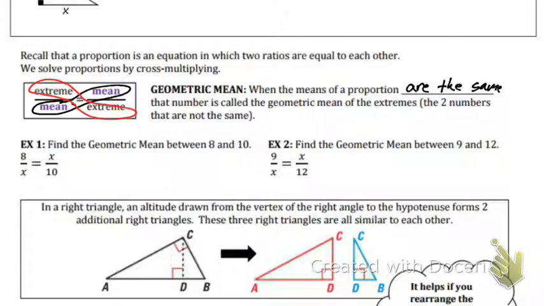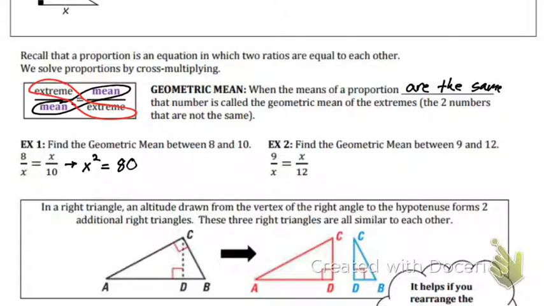So if I ever ask you to find the geometric mean between 8 and 10, which I am not going to, but if I had phrased it that way, you're trying to find that number that goes between them. So we'd go 8 over x equals x over 10. And then you do cross multiplication to give you x squared equals 80.